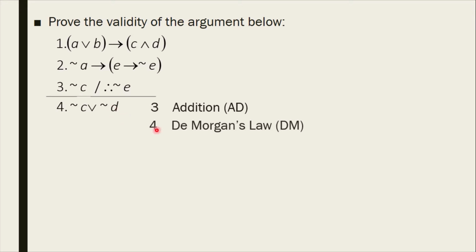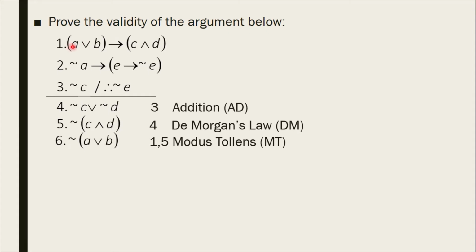Because I will use De Morgan's law for number 4 in order to change its form into not C and D. Now take note that if we have the negation of the conjunction of C and D, then I can apply this premise to premise number 1 by using modus tollens to arrive at not A or B.